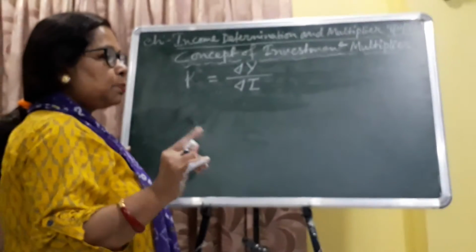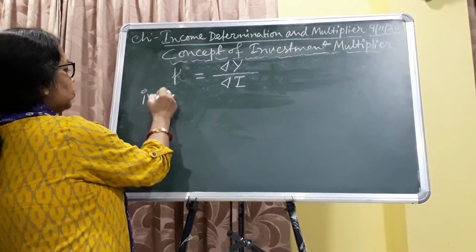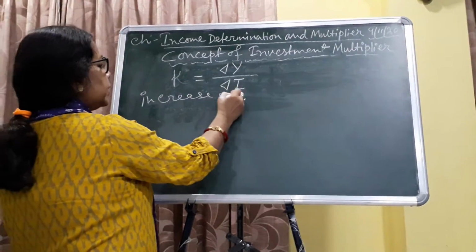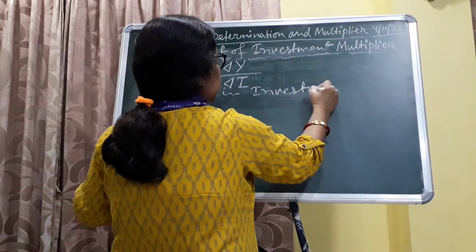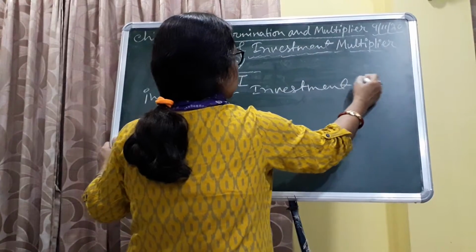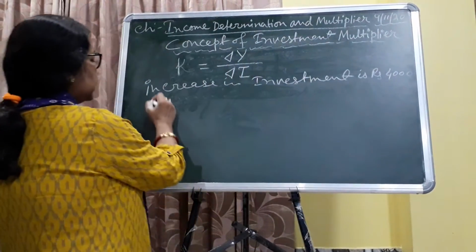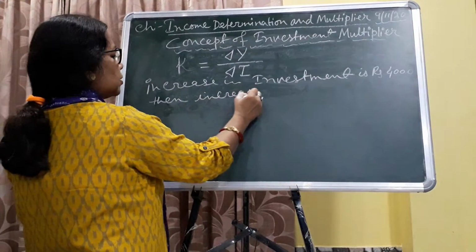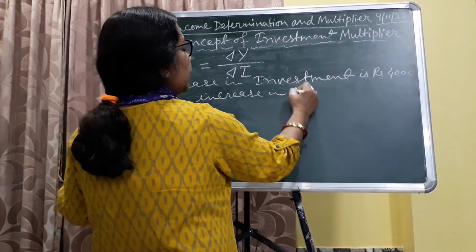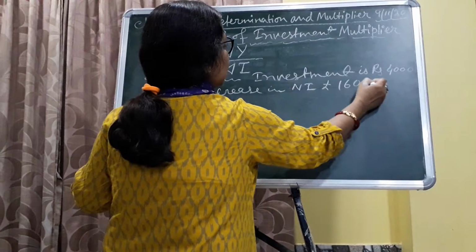As an example, I am going to say that the increase in investment is rupees 4,000, then the increase in national income is rupees 16,000.